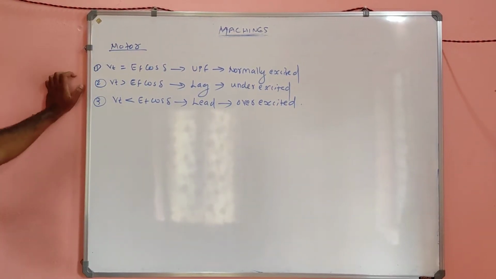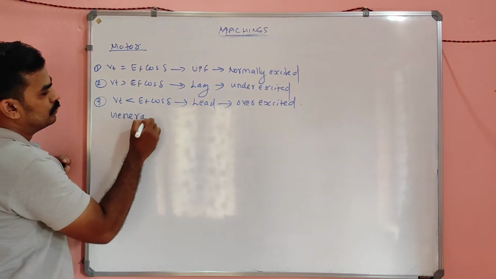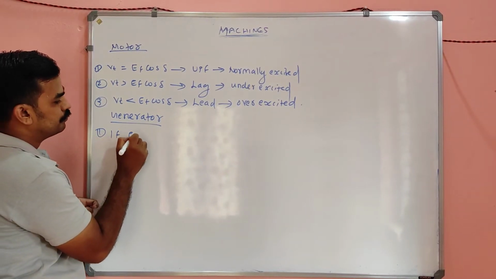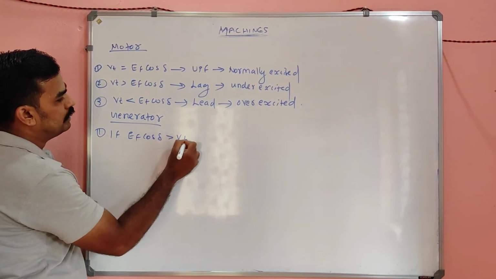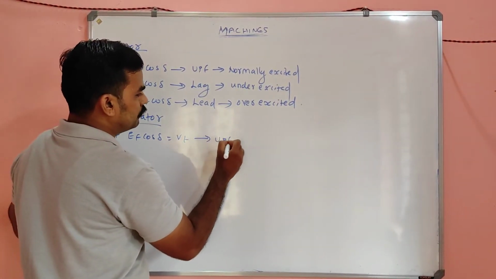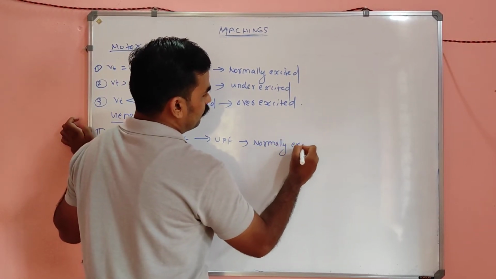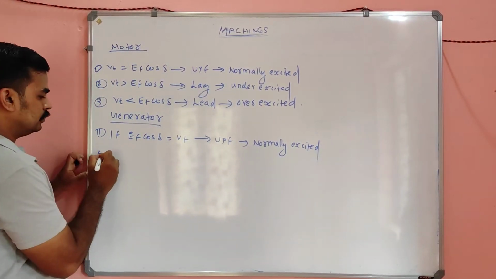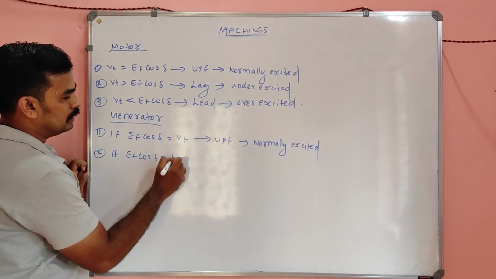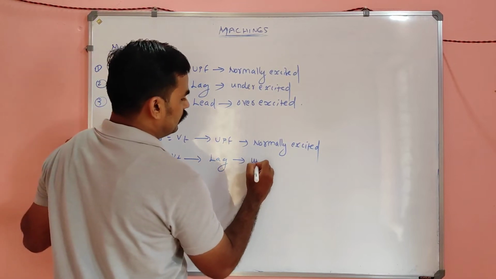So that is the case of a motor, and now the generator. First, Ef cos delta equal to Vt means UPF or normally excited. If Ef cos delta greater than Vt means lag, under excited.